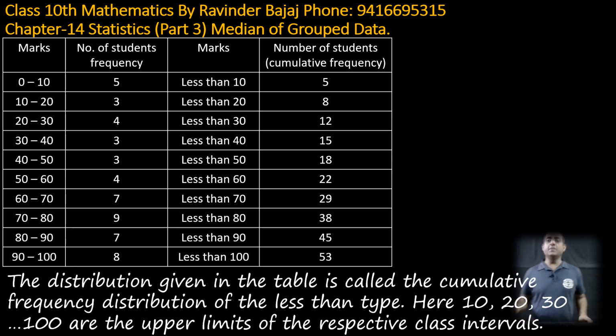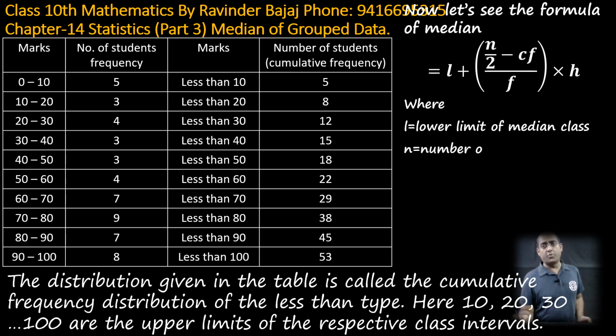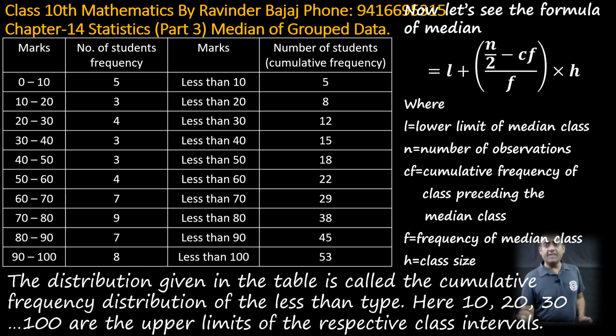Now how to calculate the median? You must remember this formula. Now let's see the formula for median: L plus n by 2 minus Cf upon f into h, where n is the number of observations, L is the lower limit of the median class, f is the frequency of the median class, and h is the class size.